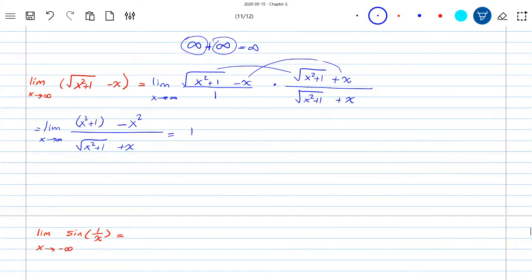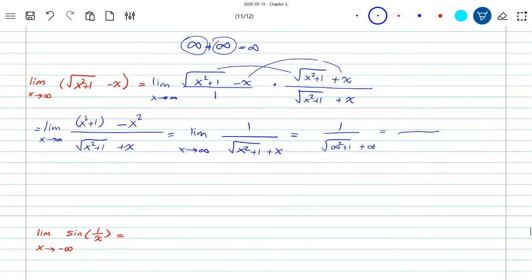Now simplify. This is the limit where the numerator is 1 and the denominator is the square root of x squared plus 1 plus x, as x approaches infinity. Here's what you can do. Now, if you replace infinity into this fraction, what you get is 1 divided by the square root of infinity squared plus 1 plus infinity.